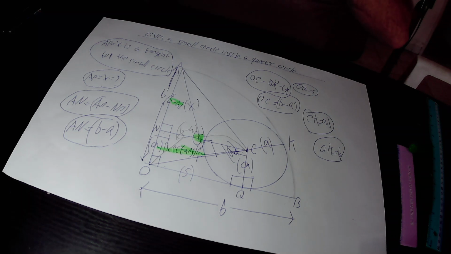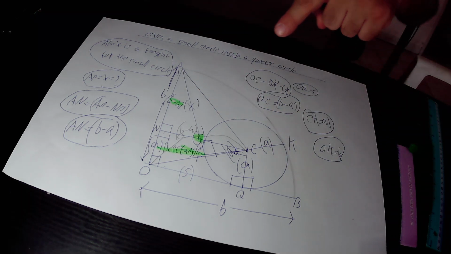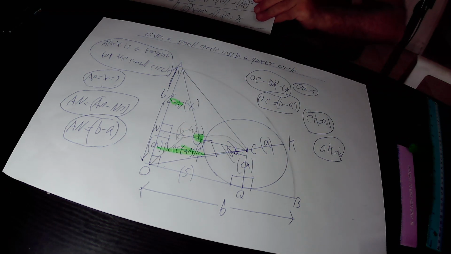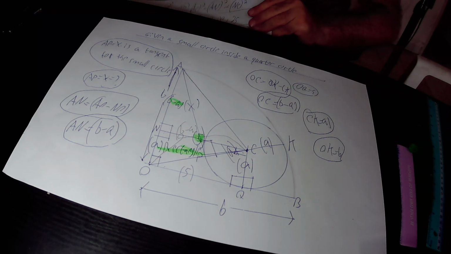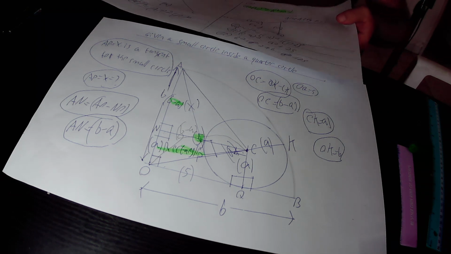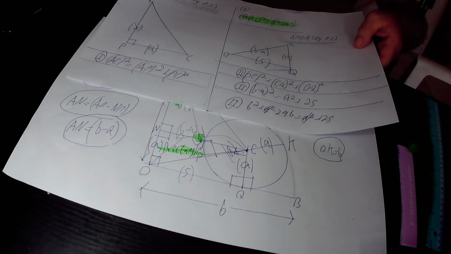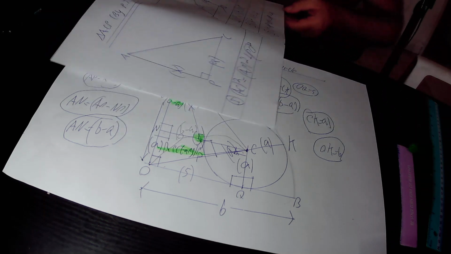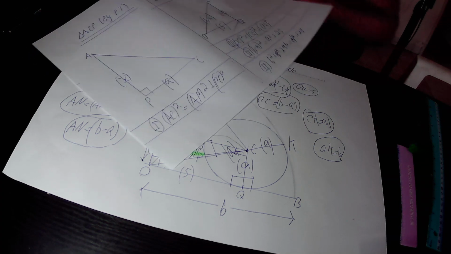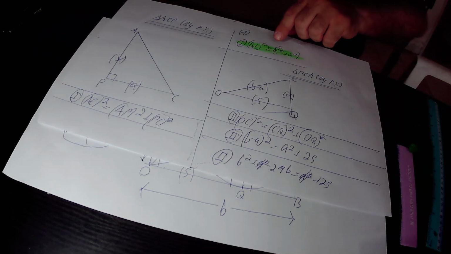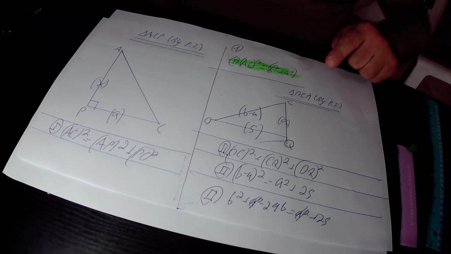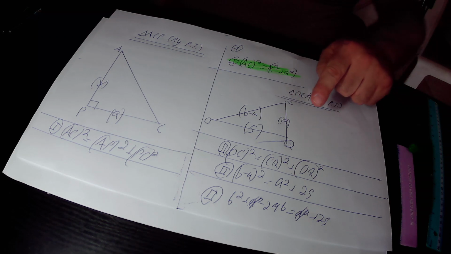In the next step, I copy the right triangle OCQ on a new page and apply the Pythagoras theorem on this right triangle OCQ. So, according to the Pythagoras theorem, in this right triangle OCQ, OC square equals CQ square plus QO square.